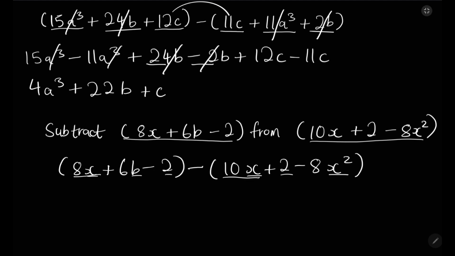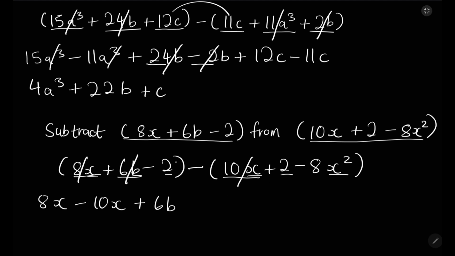You have 10x. So you can write this as 8x minus 10x. We're done with those terms. 6b, do we have a like term? You have 2 and x to the power 2. We don't have any like terms, so you can just write plus 6b. You're done with that term.